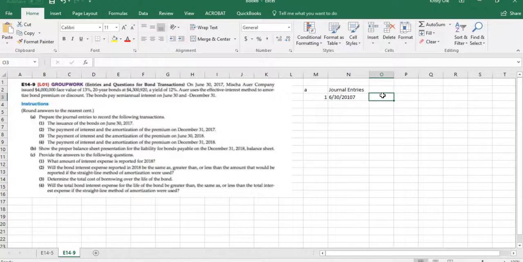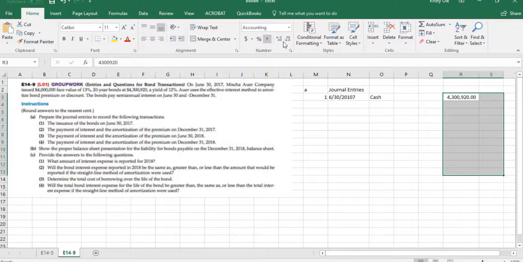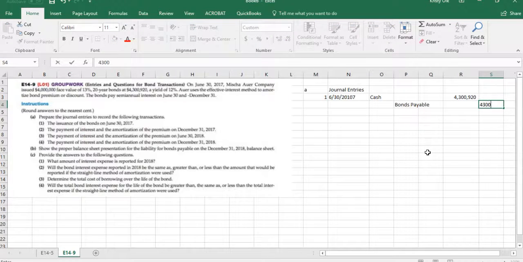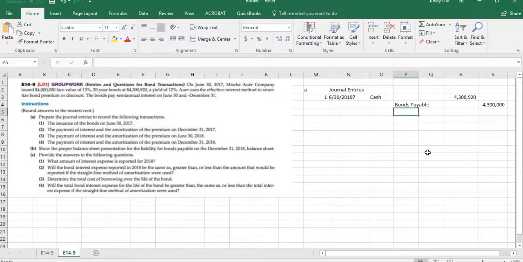And we received cash for this issue, in the amount of $4,300,920. Make these commas. Of that, in a matter of 20 years, we have the obligation to pay back $4 million. My apologies.